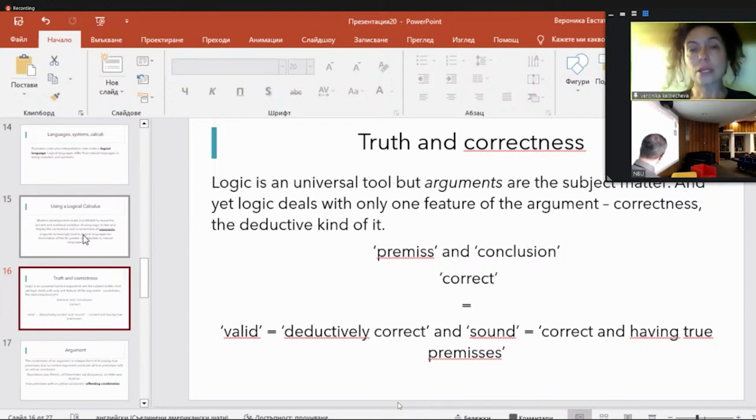Logic is a universal tool, but arguments are the subject matter, and yet logic deals with only one feature of the argument, called correctness, or the deductive kind of it. Premise and conclusion. They are considered as correct, and valid is considered as deductively correct, and sound is replaced often with correct and having true premises.